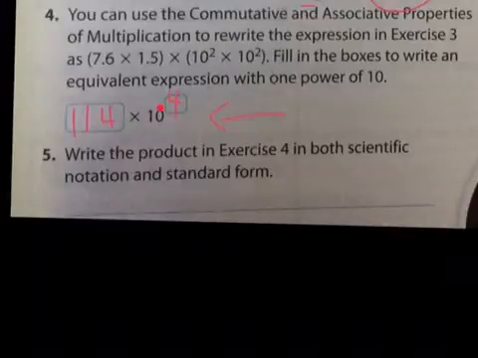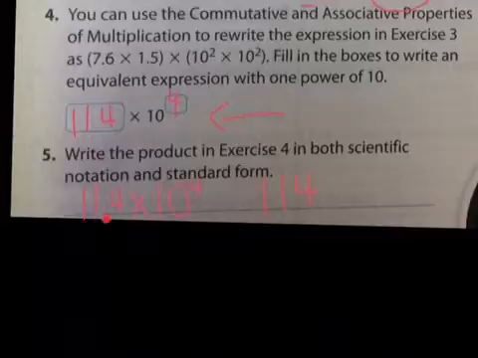And now they want us to write the product in exercise 4 in both scientific notation and standard notation. Scientific notation is 11.4 times 10 to the 4th power. I'm going to write 114, and the decimal place jumps 4 times: 1, 2, 3, 4.